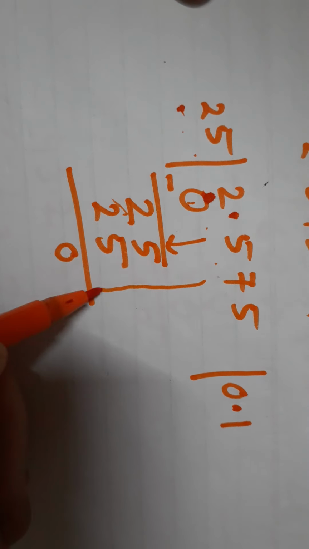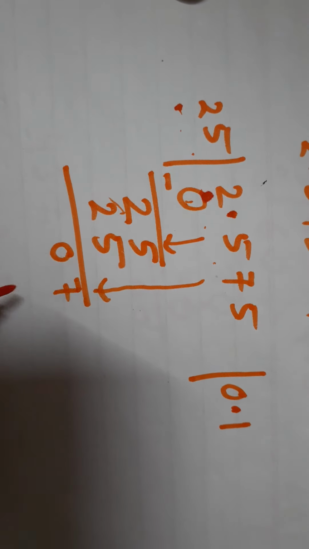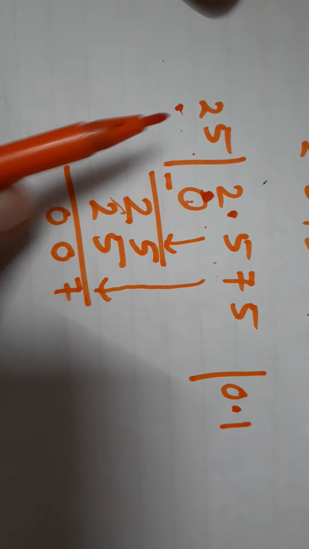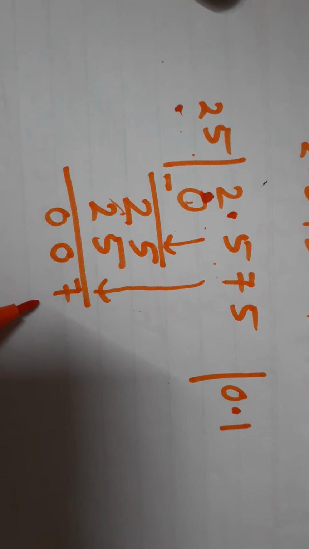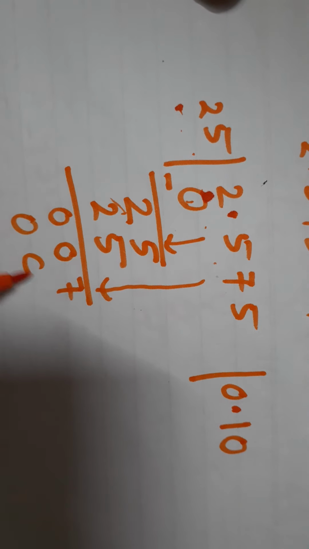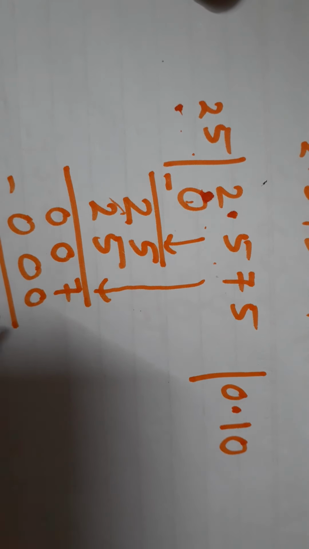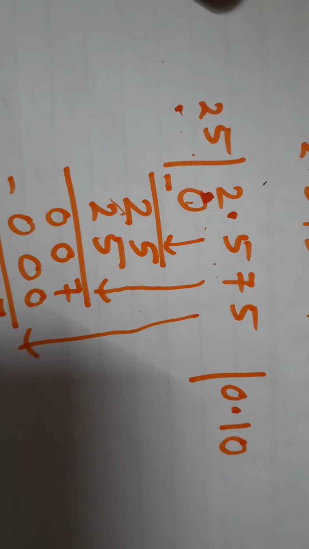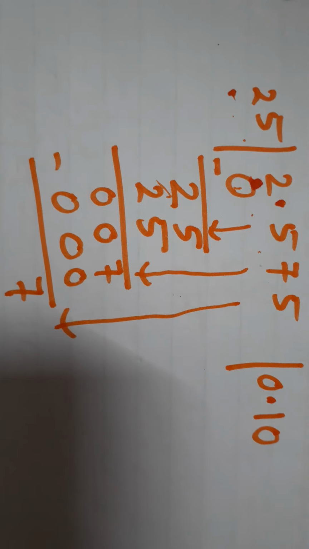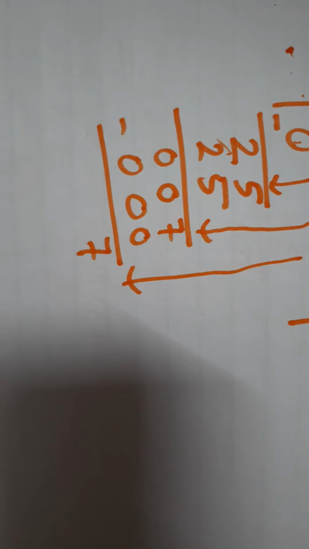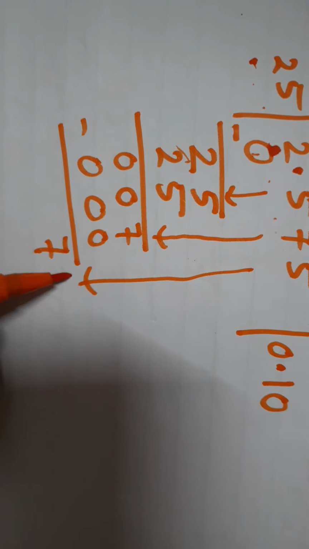So this 7 will come down, and then how many times will 25 go into 7? Only 0 times. So this 7 will come down and this 5 will also come down and sit here.